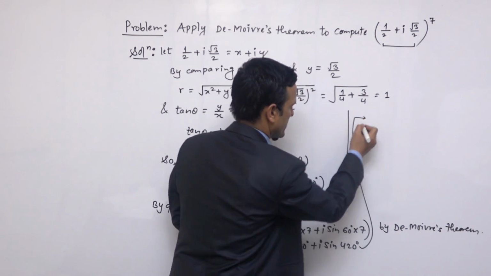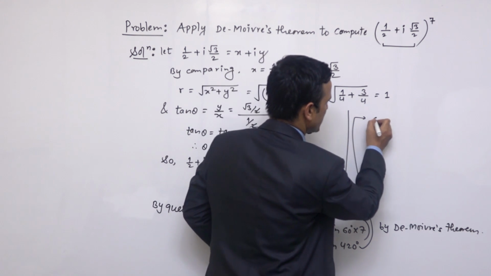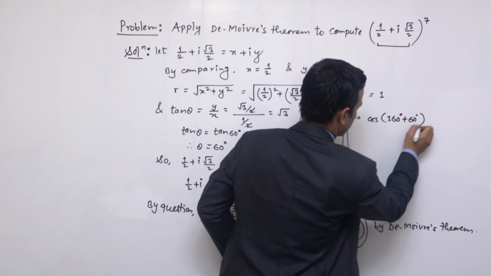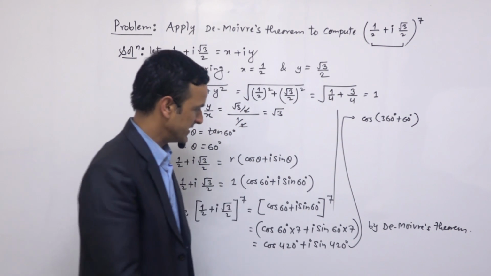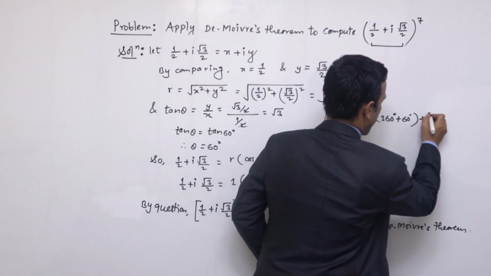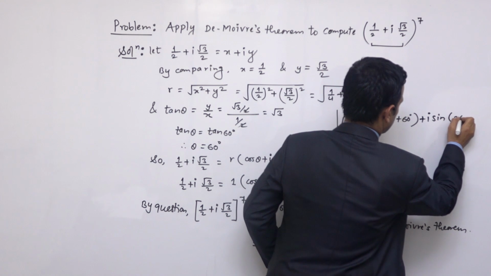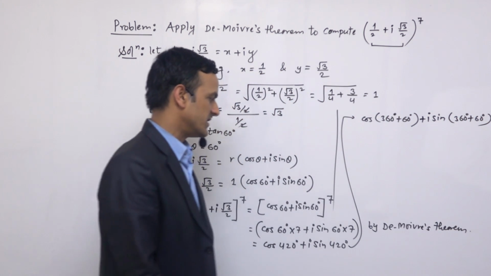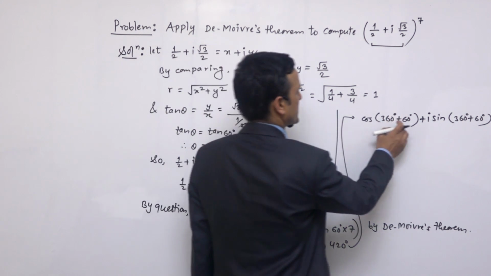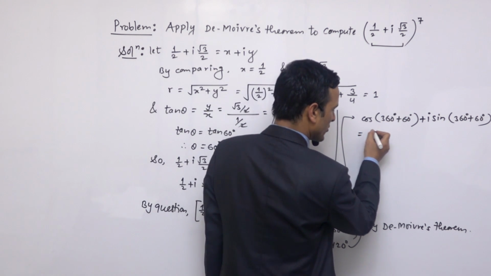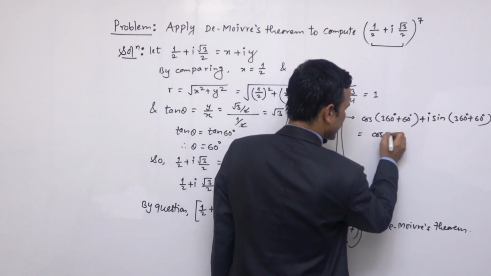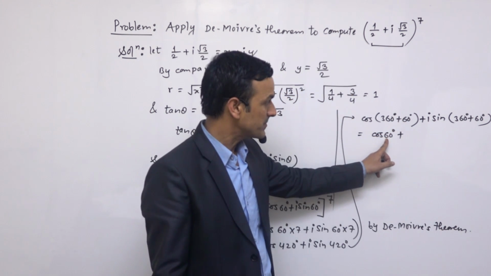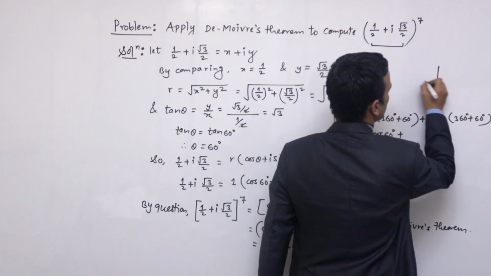So let's write this value. Now cos 420 means cos 360 plus 60, that means 420 degree, plus i sin 360 plus 60. It means sin 420 भनेको 360 plus 60 हो. If you find out the value, then this will be cos 60 plus i sin 60. 360 plus theta means it is positive, it lies in the first quadrant.